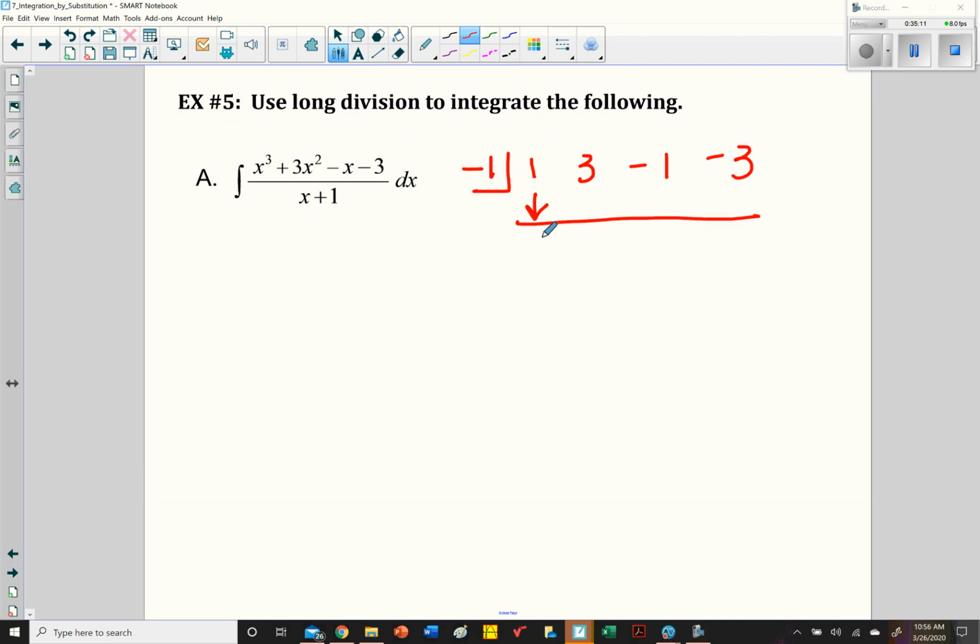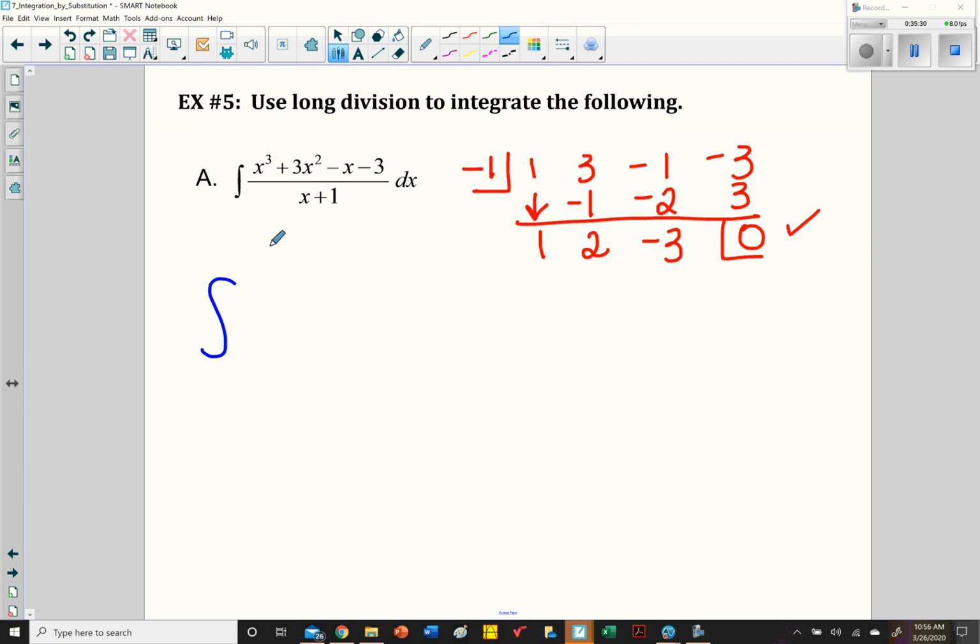Remember, the rule is to bring down the first term and multiply, then add, multiply, then add, multiply, then add. So no remainder, that's really good.